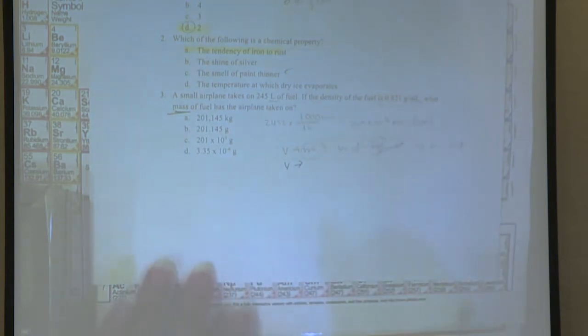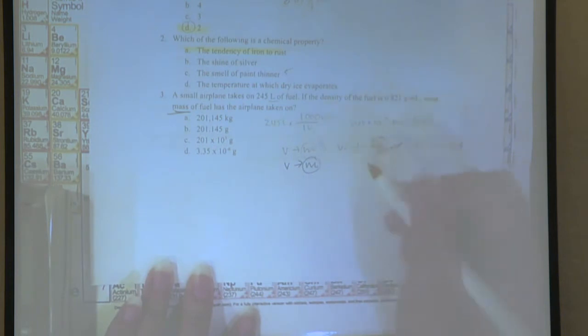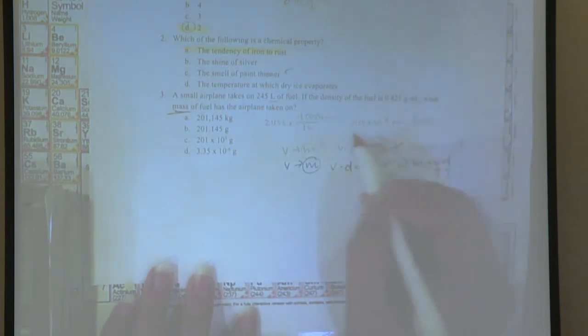Sound good? Okay, so volume to mass. How do we get from volume to mass? Density is equal to mass over volume, so I'm going to isolate for mass and multiply by V on both sides. Therefore, mass is equal to volume times density. We have both of these; we just found our volume up here.